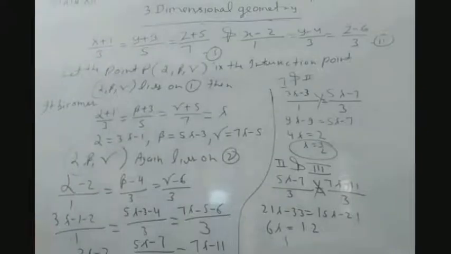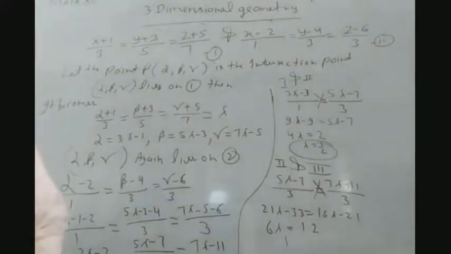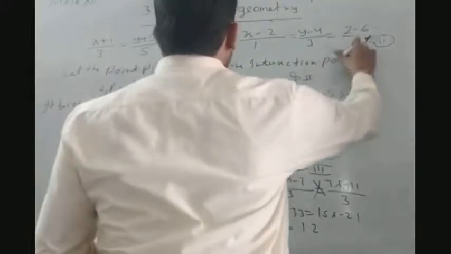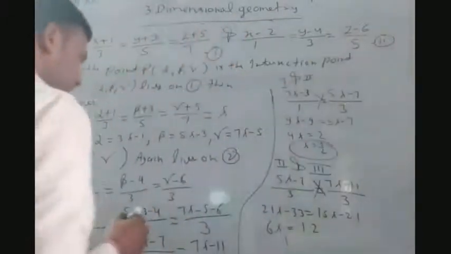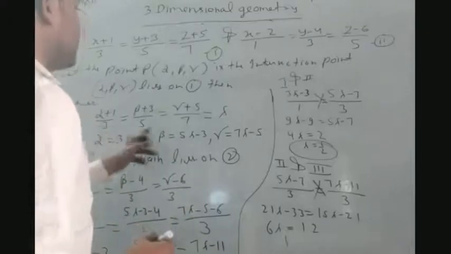The third part is (5 lambda minus 7) by 3 and (7 lambda minus 11) by 3. After solving these, in the question there is a 5, so we will change this. The first part has no change.